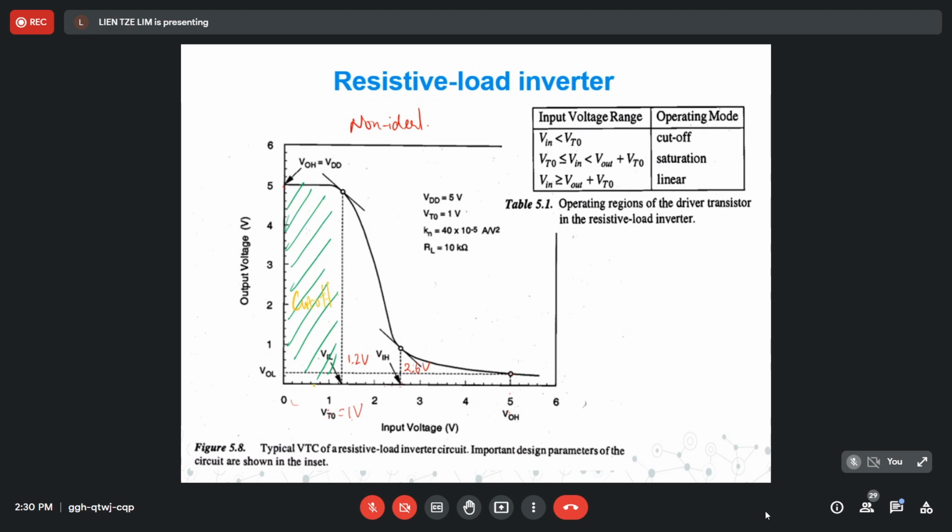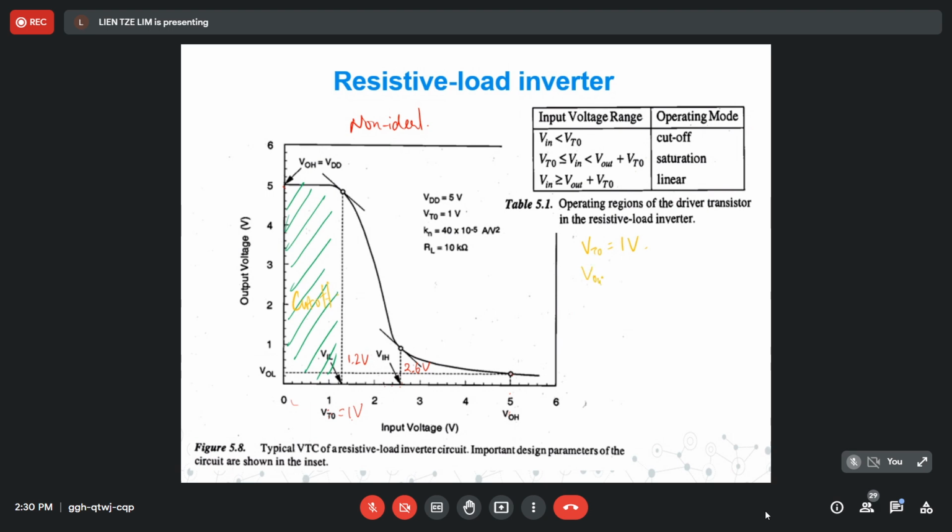Why? Because for all voltage below the threshold voltage, the NMOS is in cutoff. When the input voltage is increased to between VTO and V out plus VTO, we know VTO is 1 volt.